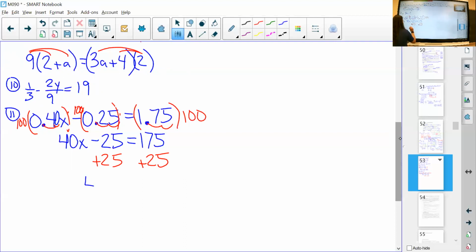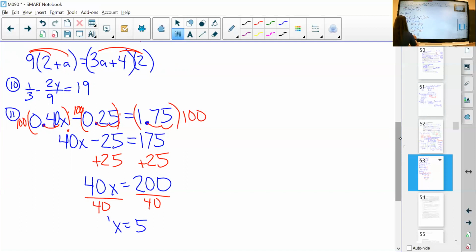Now we have 40x equals 200. Got some nice whole numbers. I happen to notice that 40 goes into 200. I could take out a 10 on each side first and then have 4 and 20, or I can divide the whole thing by 40 right off the bat. I get x equals 5.